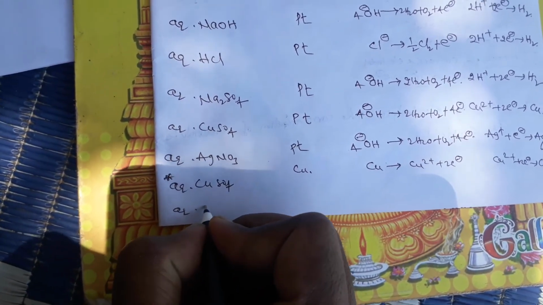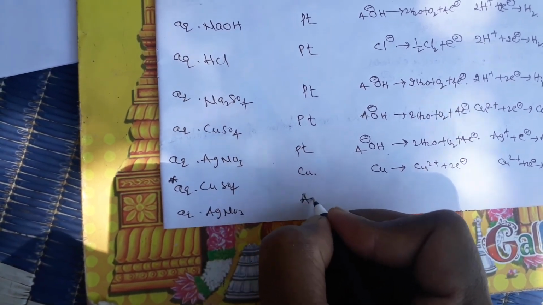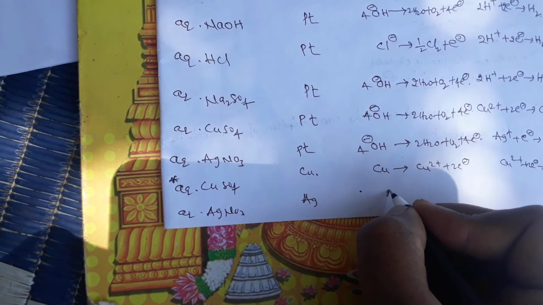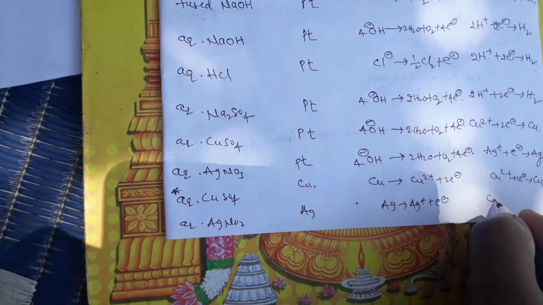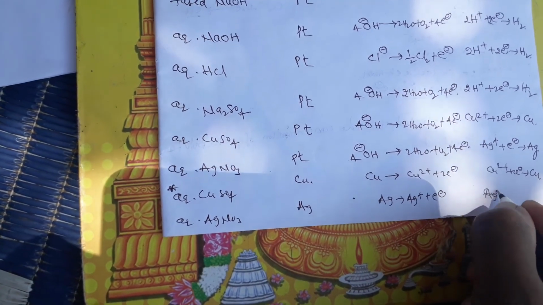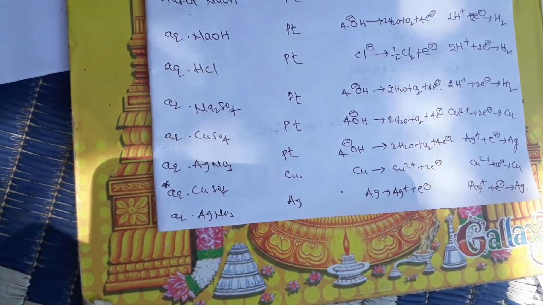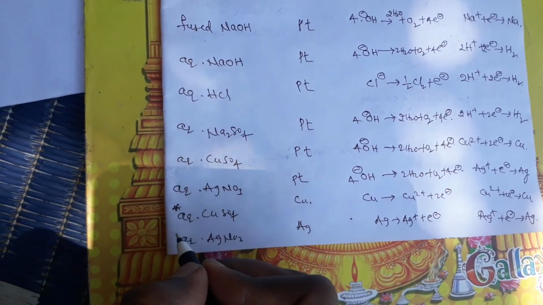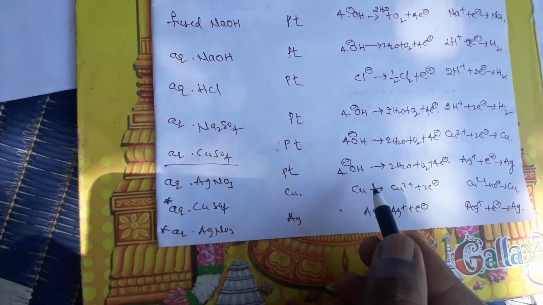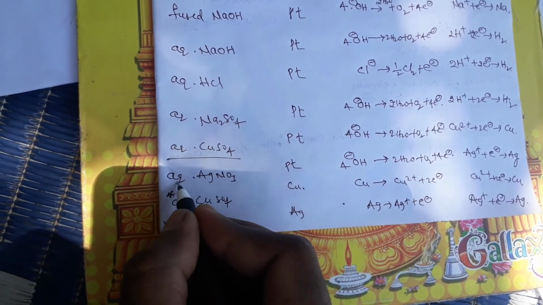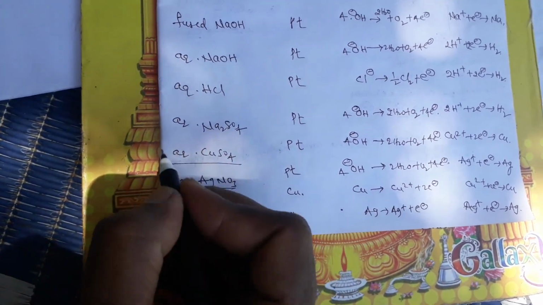And with aqueous silver nitrate and a silver electrode, silver at the anode gives Ag+ plus electron, and at the cathode Ag+ plus electron gives rise to silver. So this is the reaction when we take the silver electrode, and when we take the platinum electrode, this is the reaction. This is the difference between platinum electrode and copper electrode.